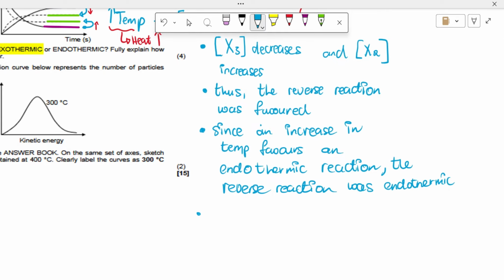And as a result, you can then say, therefore, the forward reaction is exothermic.